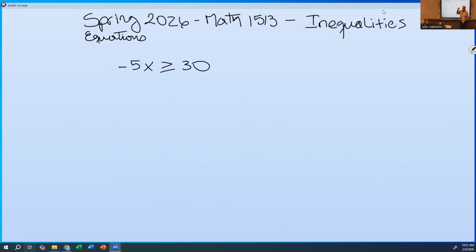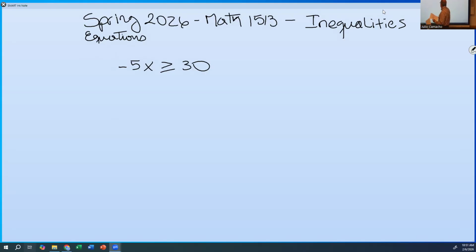Every time that you have to divide or multiply both sides by a negative number, you switch or you flip the direction of the inequality. If you know that, you don't need to write it, but if you don't know, write it down to remember in the test, because I have people in the test that have the right algebraic process, but in the end, they forgot to switch the direction of the inequality.